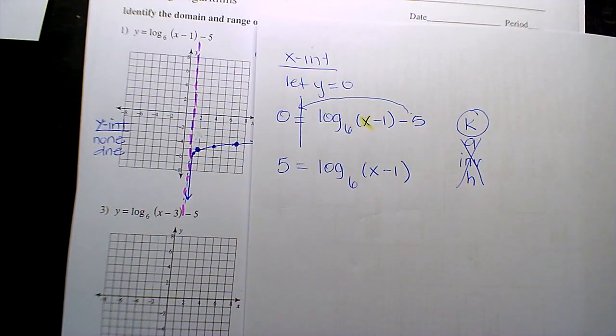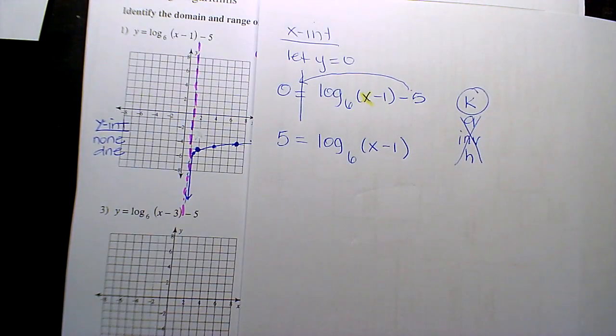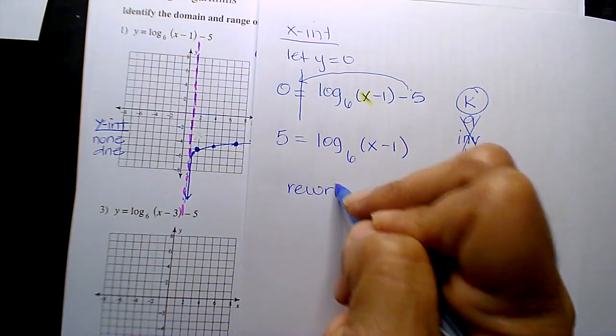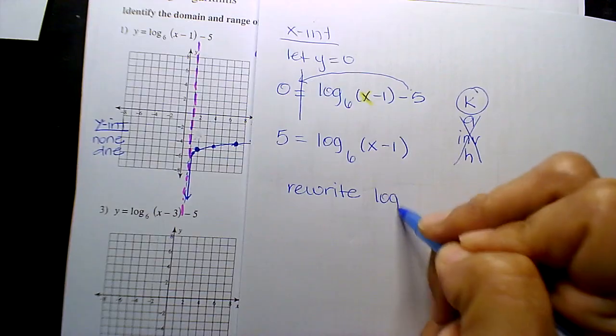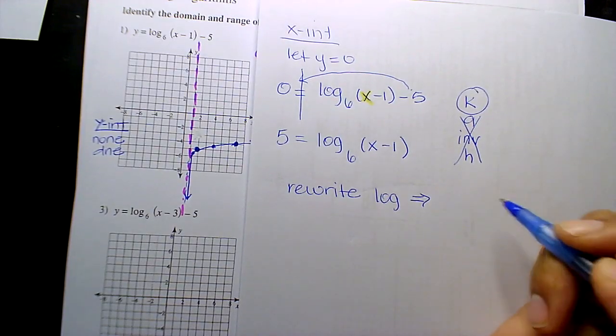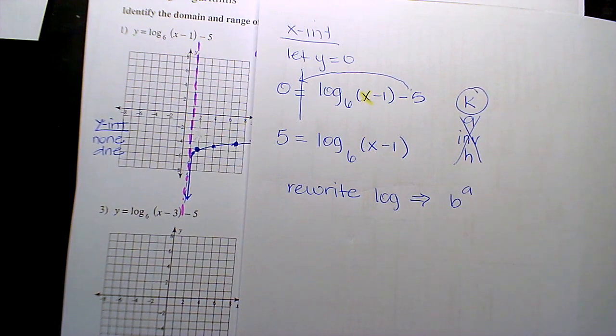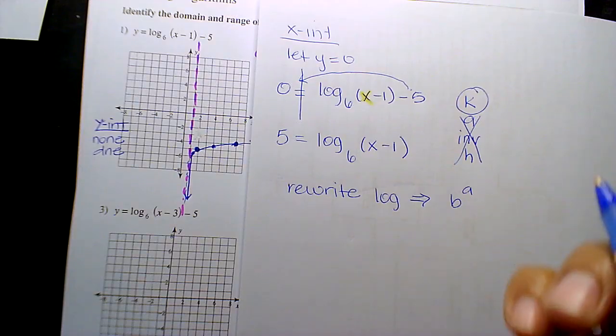Okay, so practice, which was your page 3 through 6, and then you had your other worksheet. Do you remember how to rewrite logs to powers, a to the b or b to the a? Do you remember that loop?